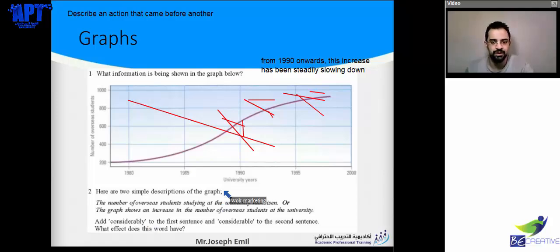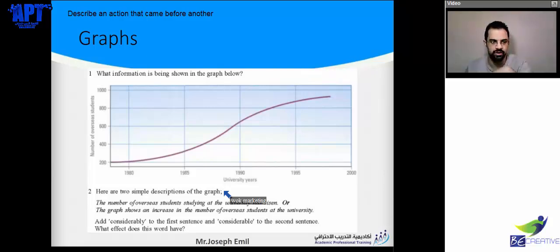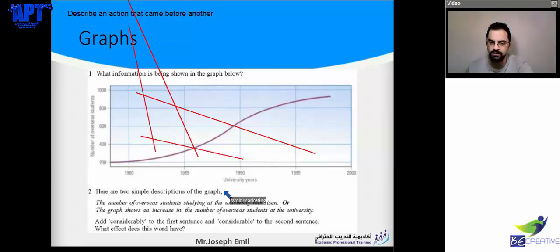So, remember here that sometimes this graph might be a bit tricky. Why? You would think that this graph is not very steep. Right? It's not very steep. A steep graph would appear something like this. Very steep. But this is not very steep.